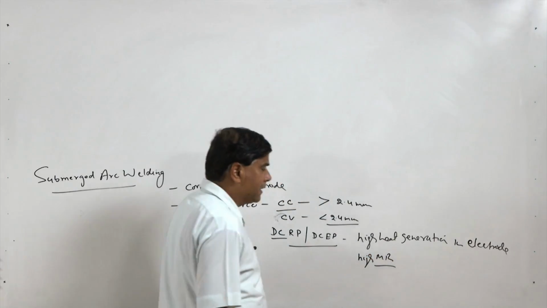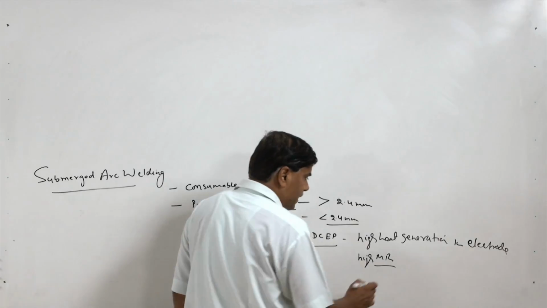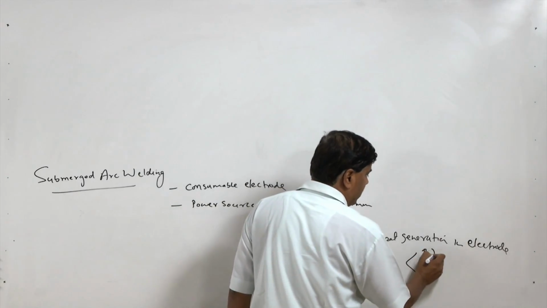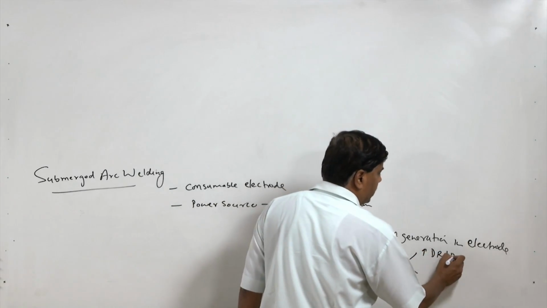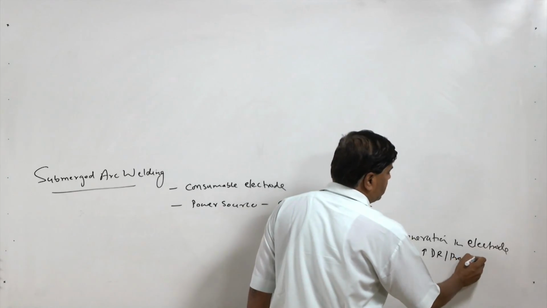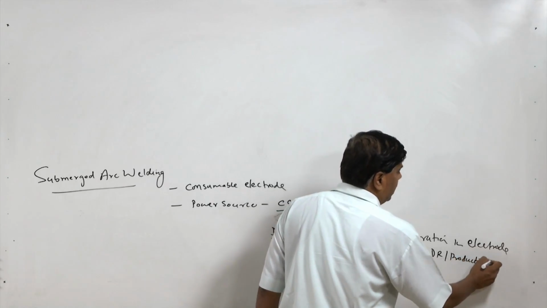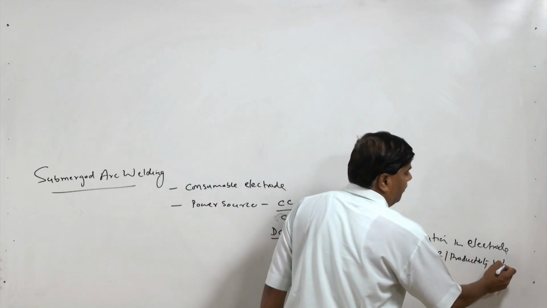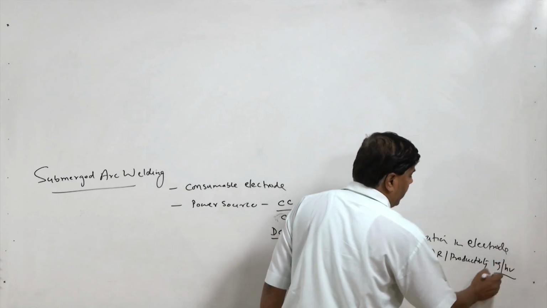So, high melting rate facilitates in two ways. It helps in increasing the deposition rate or the productivity in terms of the kg of the weld metal deposited per hour.